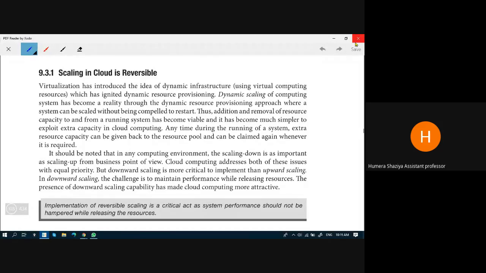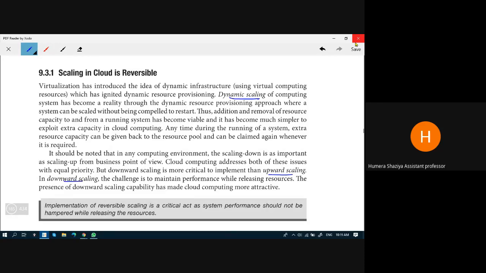Dynamic in the sense that during the execution only, if the user realizes that they do not require more resources or require more resources, both decisions can be taken in a dynamic scaling environment. Dynamic scaling. And here there are two concepts: upward scaling and downward scaling.